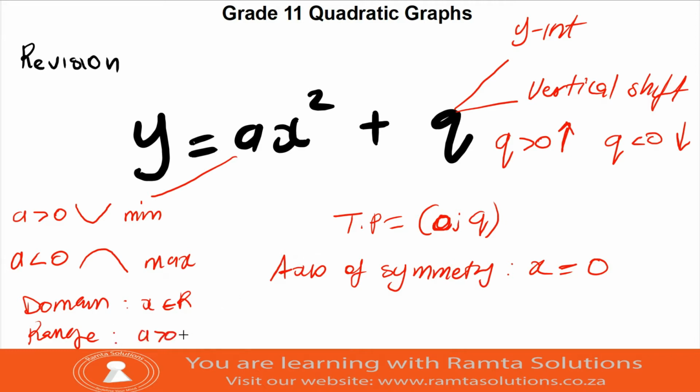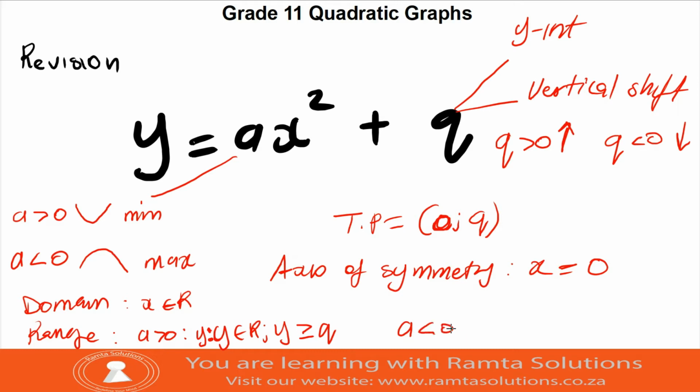If a is positive, your range would be y is an element of the real numbers, and y is greater than or equal to q.